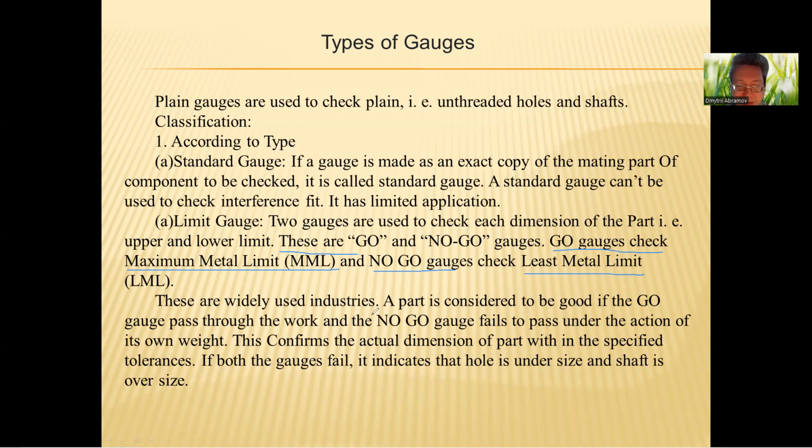If both the gauges fail, it indicates that the hole is undersized and the shaft is oversized.